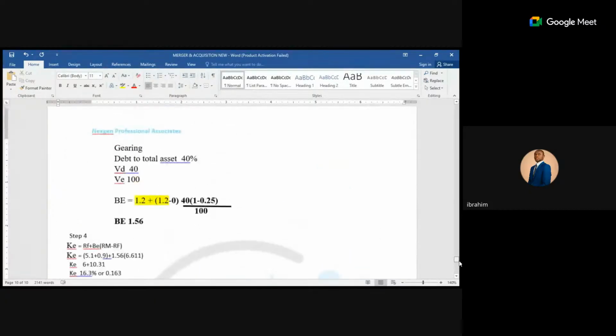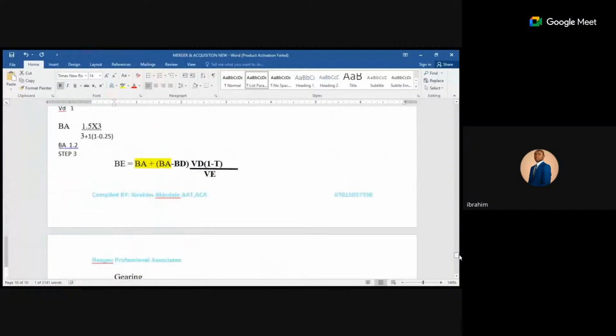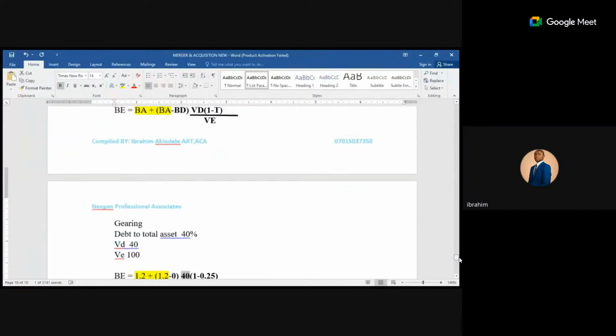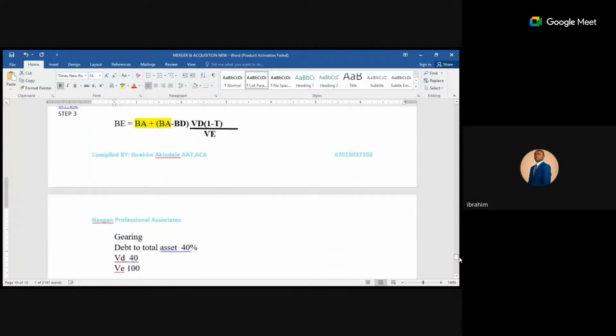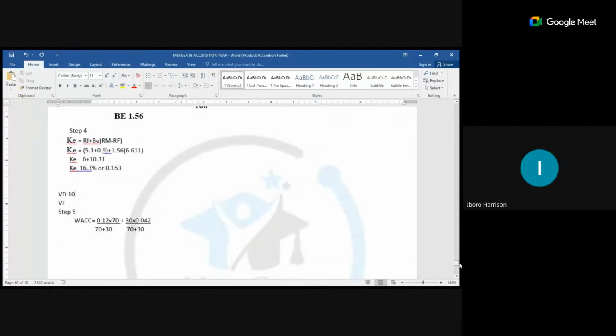For the main company, I can just check this place. You already have it in your step. We already have it in step 3, right? So our value of debt is 10. Is it 10 or 40? It's 40. Right? Then equity is 100.